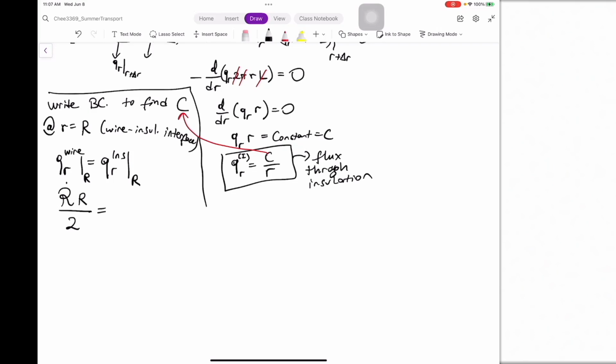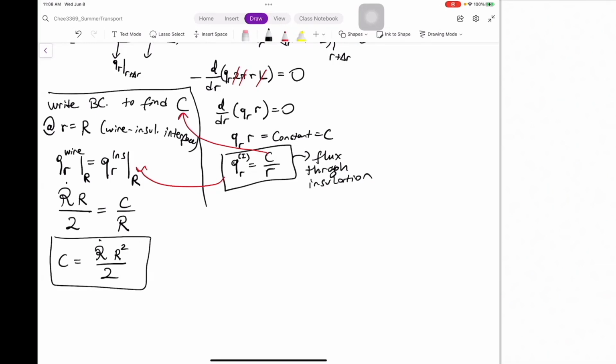I found it here: that's C over capital R. And then I found C as R dot times R squared over 2.